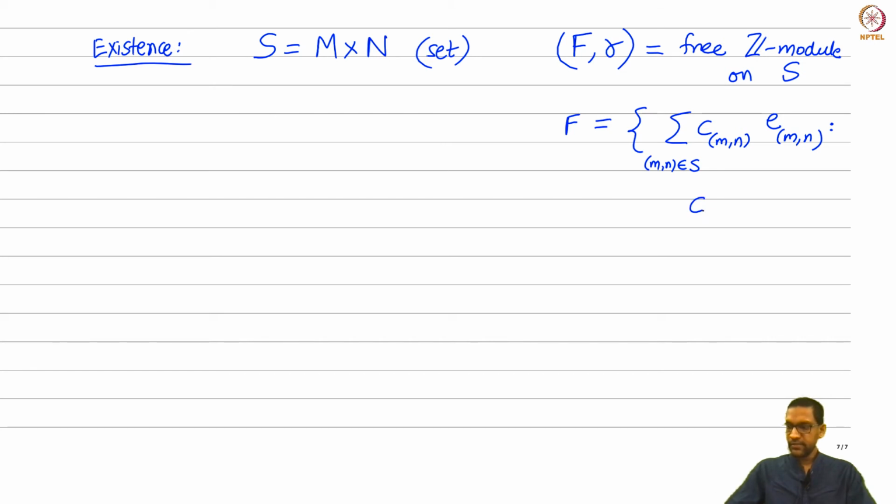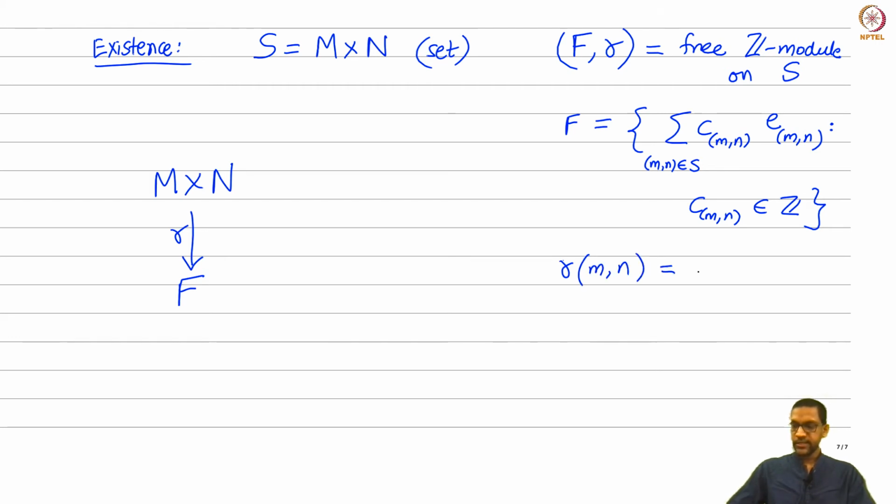And I am only taking the free Z module, so the coefficients are still elements of Z. Any element of F can be written uniquely in this manner, and we also have this map gamma from M cross N to F. What does gamma do? Gamma just takes the ordered pair m comma n and sends it to that particular indicator function, as we called it, e sub mn.